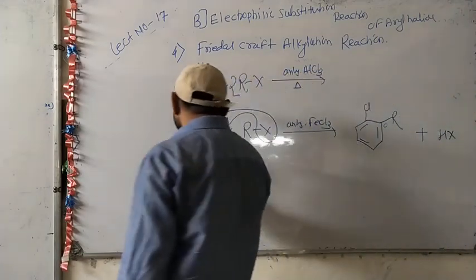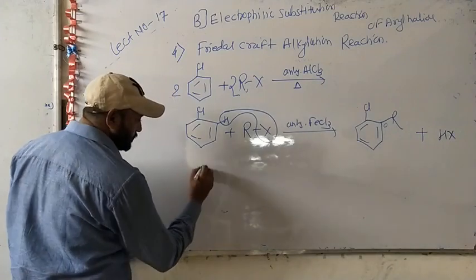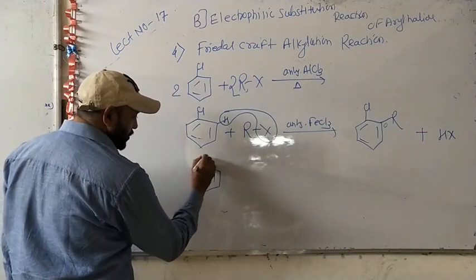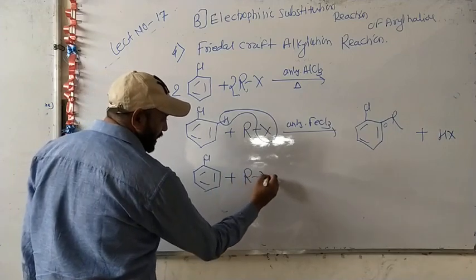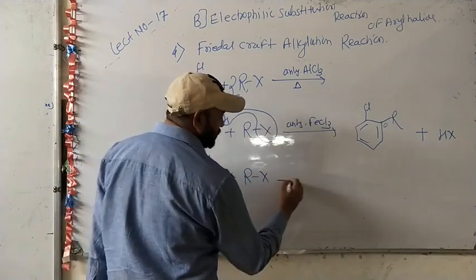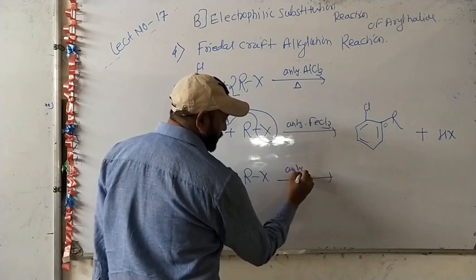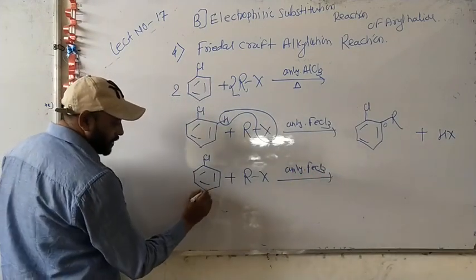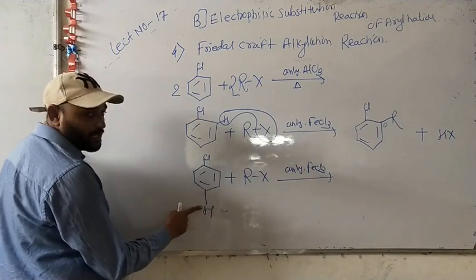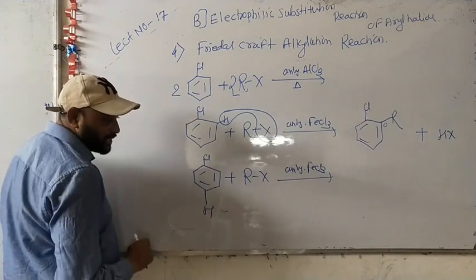Similarly, the second molecule of chlorobenzene reacts with another molecule of alkyl halide in presence of anhydrous FeCl3. At this time, the electrophilic substitution reaction occurs at the para position because it is a para-directing compound.